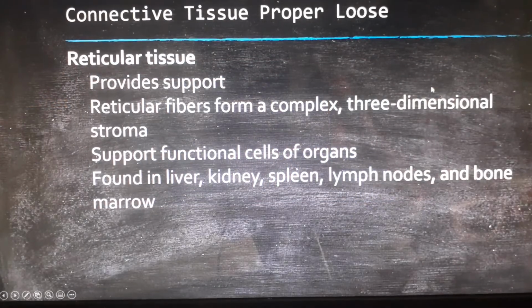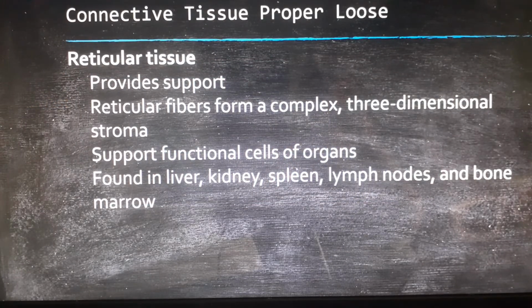Okay, the last of our proper loose tissues is reticular tissue. This is not one you're going to learn for the lab test, but it provides support for organs and tissues. It can form a three-dimensional kind of filter, and so it's going to be found in organs that are responsible for filtering, like your liver, your kidneys, your spleen, your lymph nodes, and your bone marrow.